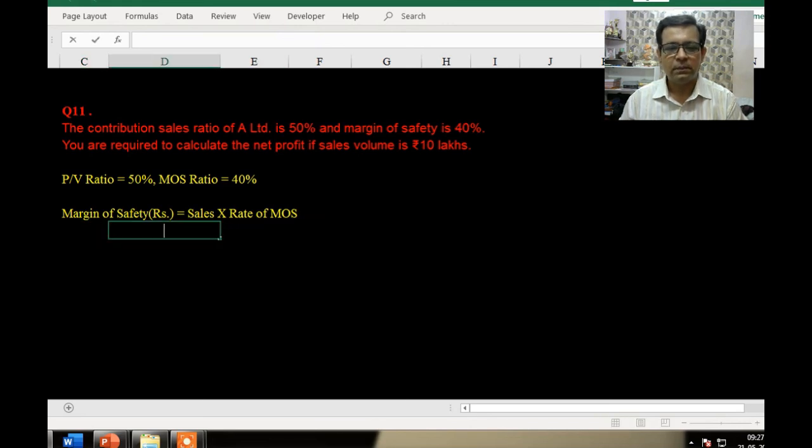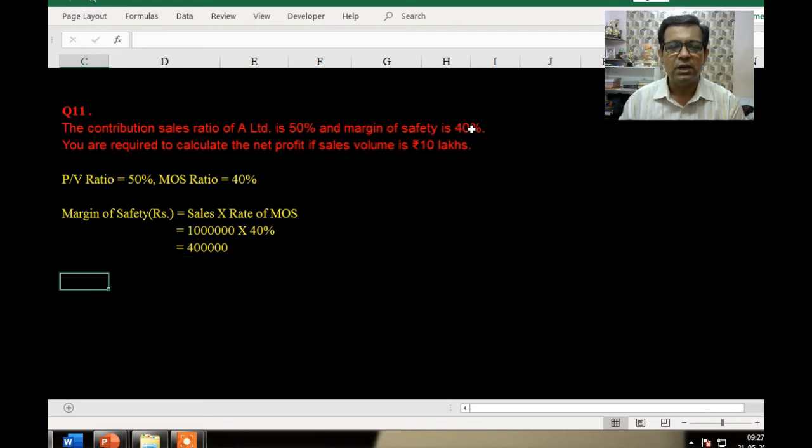So this is equal to 10 lakh multiplied by the rate of MOS, which is given to us as exactly 40%. So which means what is going to be our margin of safety? 4 lakh rupees. We have got our margin of safety.